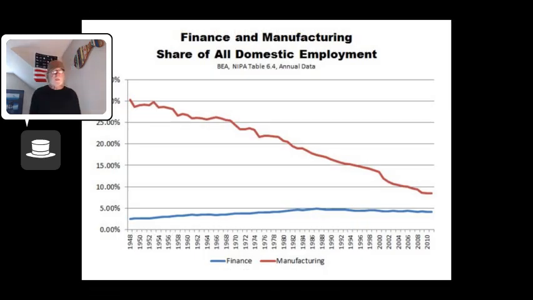Here you see a decline in manufacturing employment, and notice that in the financial sector, despite the fact that the financial sector is essentially accounting for a larger and larger portion of the economy and the portion of profits, it's not labor intensive. It doesn't employ large numbers of people. So the employment levels are basically flat.